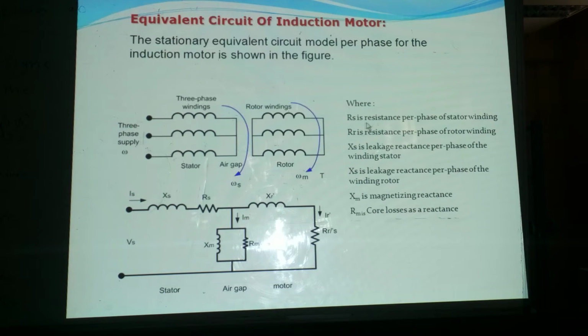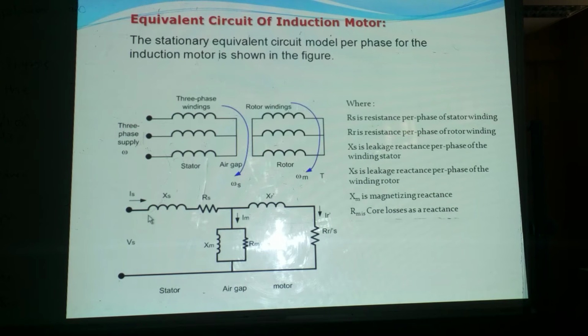Here rs is the resistance per phase of the stator winding, rr is the resistance per phase of the rotor winding, xs is the leakage reactance per phase of the stator winding, xr is the leakage reactance per phase of the rotor winding, xm is the magnetizing reactance, and rm is the core loss component for the magnetizing shunt branch.